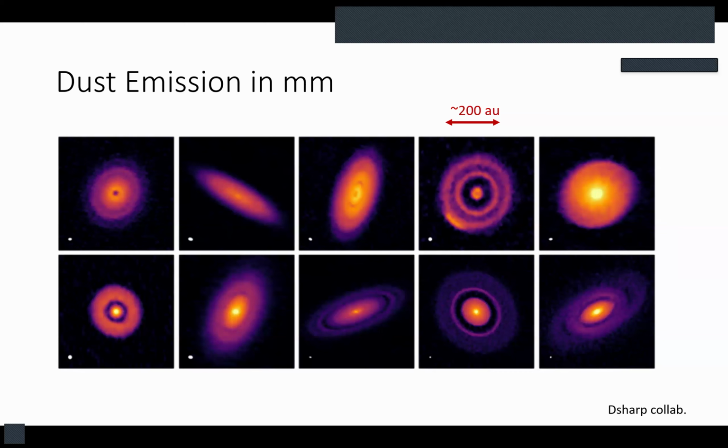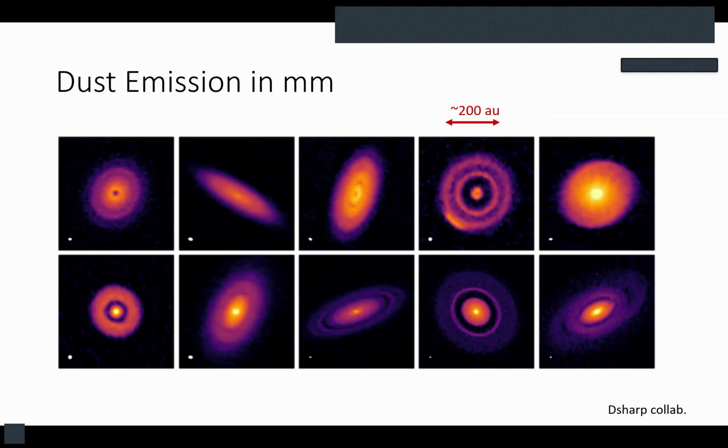So in 2018, an ALMA survey released this stunning image, which shows a wealth of substructures. This image is observed at millimeter wavelength, so it's purely the dust emission at about 30 Kelvin.